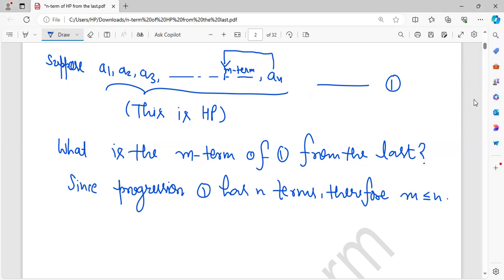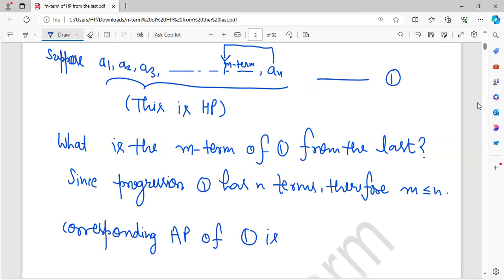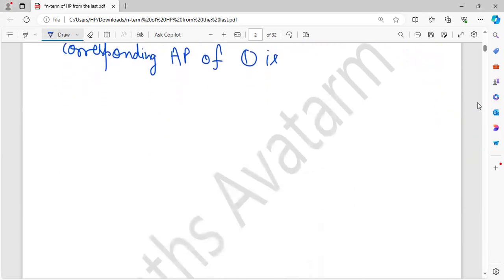Okay, so how to find the mth term of harmonic progression 1 from the last? What is the corresponding AP of HP 1? The corresponding AP is 1 upon A1, 1 upon A2, 1 upon A3, and so on, 1 upon AN.